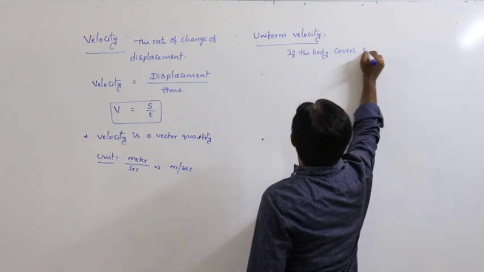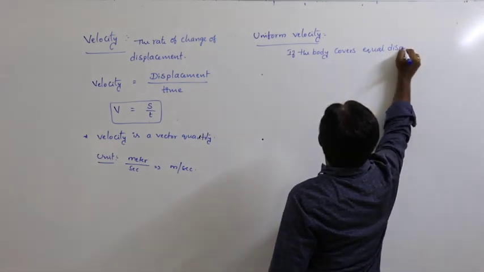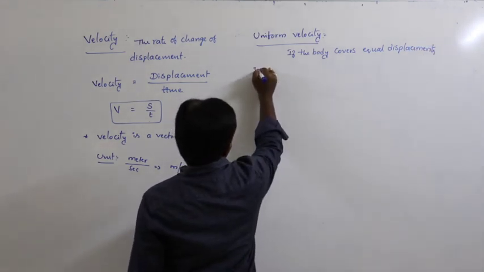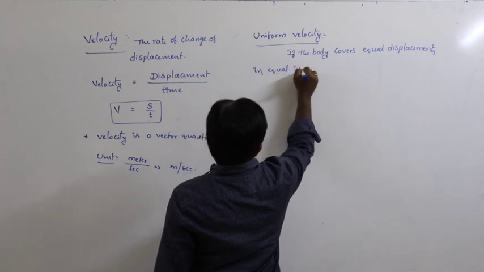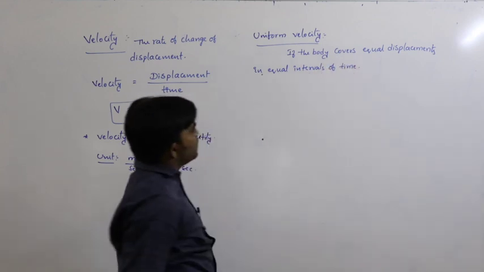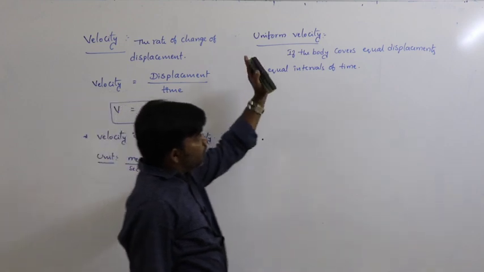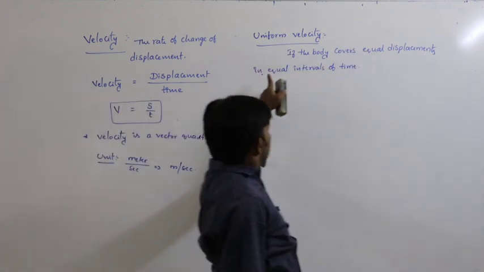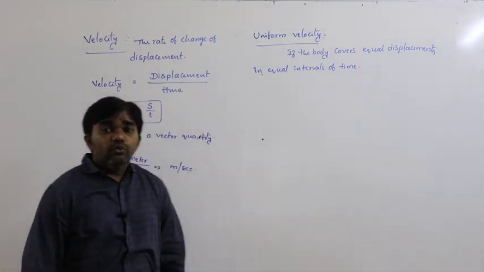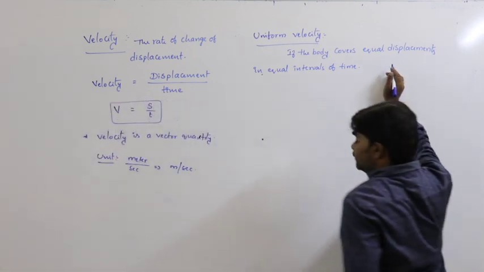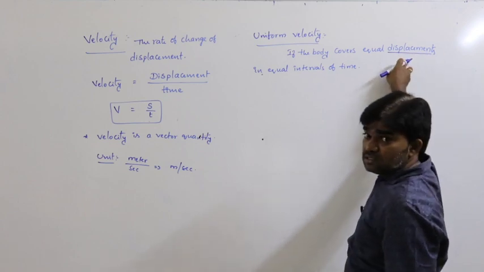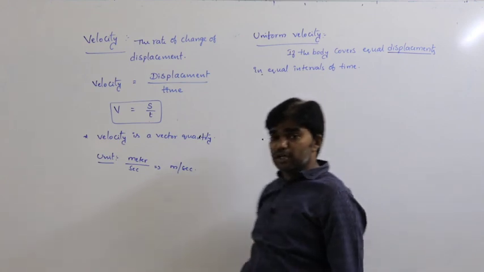If the body covers equal displacements in equal intervals of time, that is called uniform velocity. Here the difference between speed and velocity is that speed is denoted with distance, but velocity is nothing but displacement. That is the major difference.